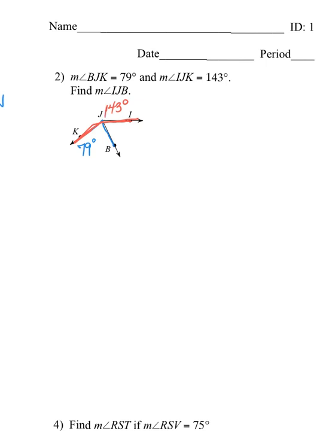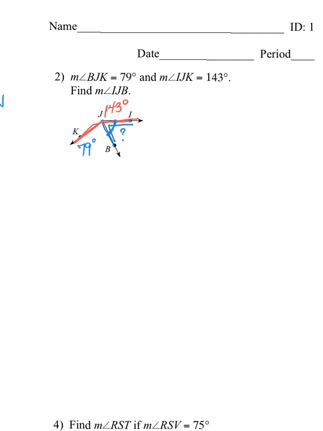And it's asking us to find angle IJB. So we're looking for this angle here. Okay, so if you notice, we're given the measure of the larger angle. We know the measure of one of the smaller angles.